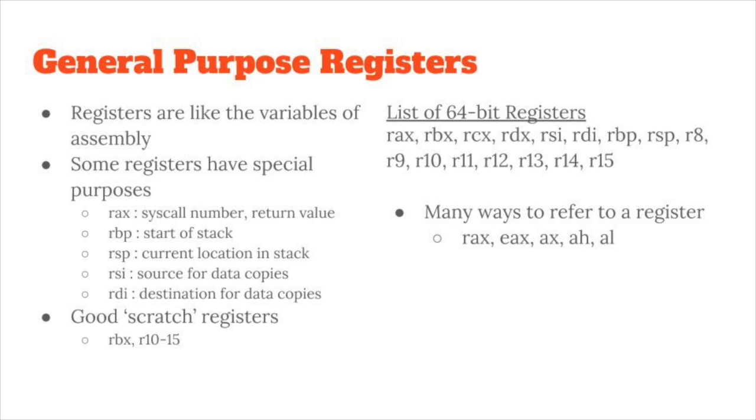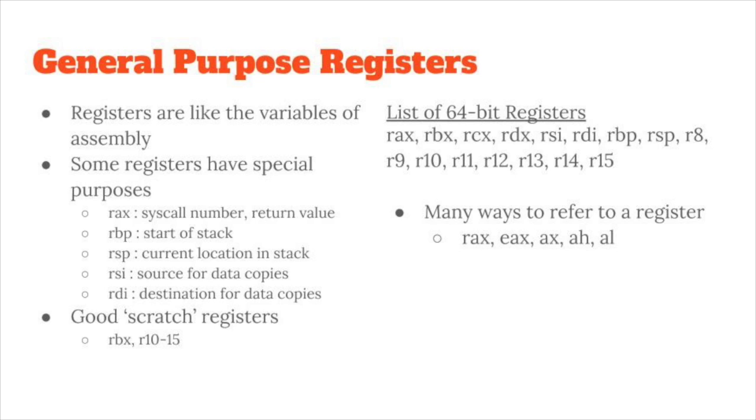For example, RSP, I don't know if you know what a stack is, but it's something very important, and if you change your location on the stack while running a program, very bad things will happen. Same thing with most of those other registers. They're very important in your programs, so if you change them around a ton, sometimes bad things will happen.